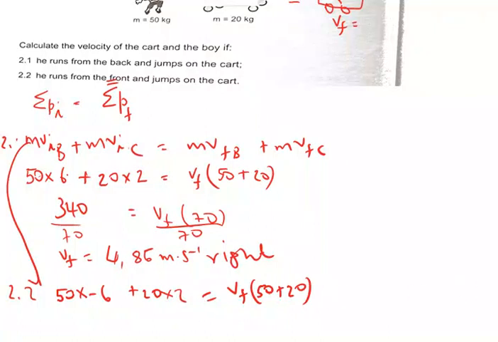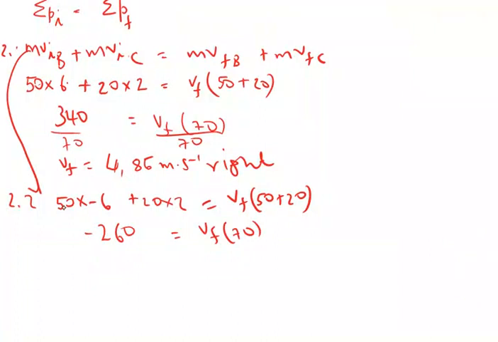So let me press the calculator. So here we have negative 260, then here 70. So we divide by 70. We have negative 260 divided by 70.